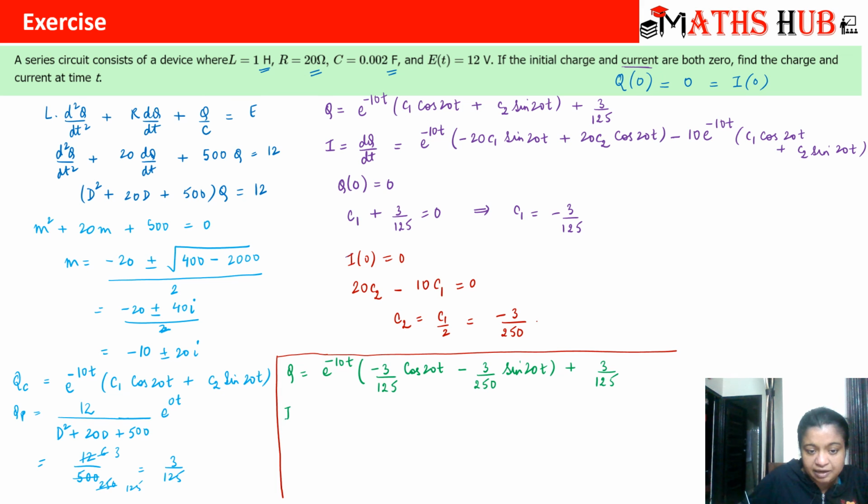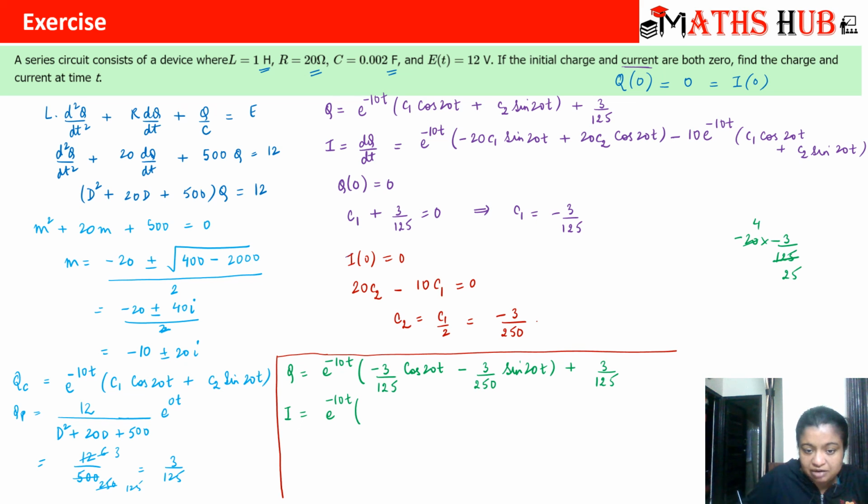And what is I? I is e raised to power minus 10t, c1 minus 20 c1. So when I replace c1 there, I'll get 20 minus 20 into minus 3 by 125. So 5 fours are 20, 5 25s are 125.